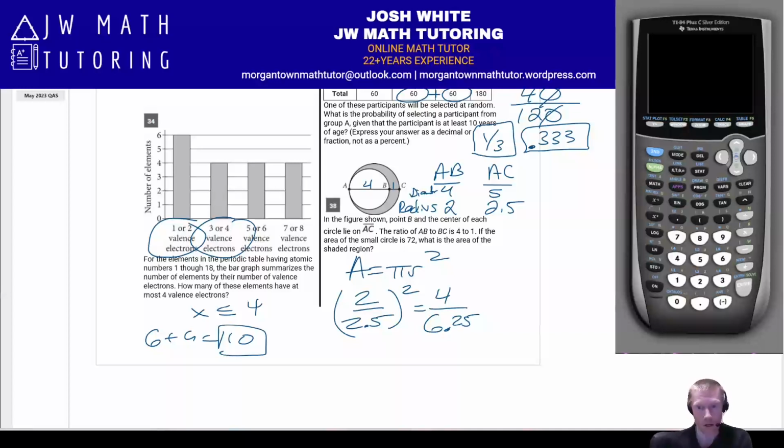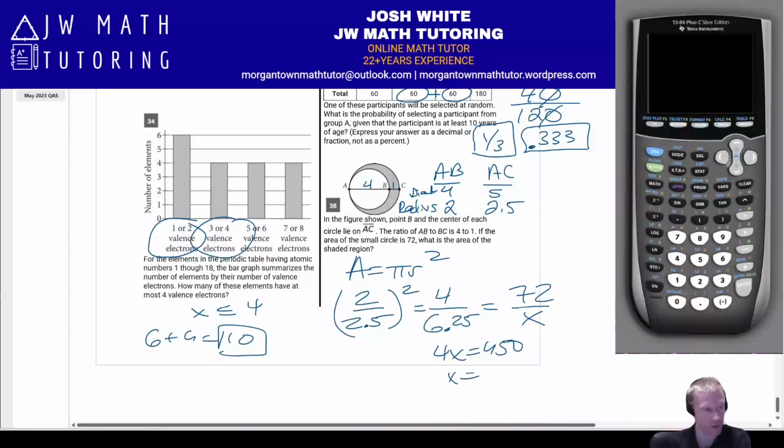So now you can take this 4 to 6.25, which is the ratio of the areas, small circle on top, large circle on bottom, and you can set that equal to the actual area, which is 72, small circle on top, x, large circle on bottom. So now you just go ahead and solve this out. You get 4x equals 450, x equals 112.5.